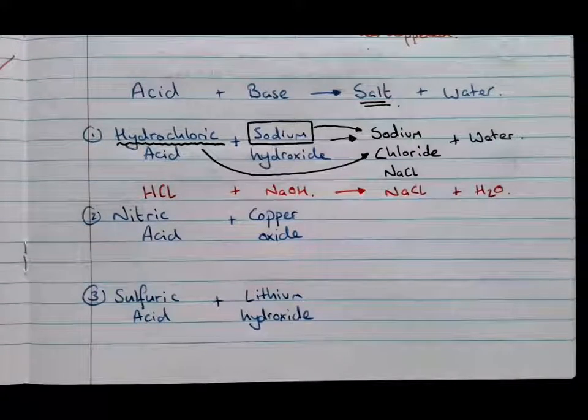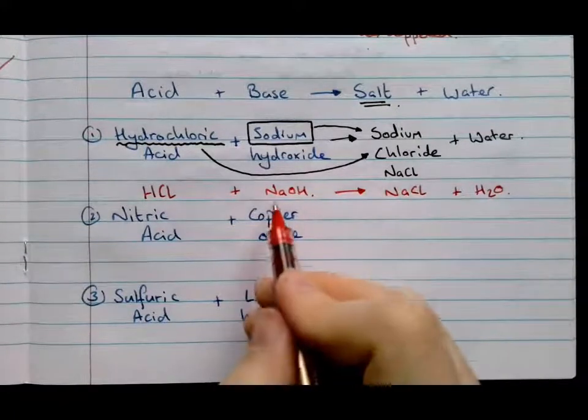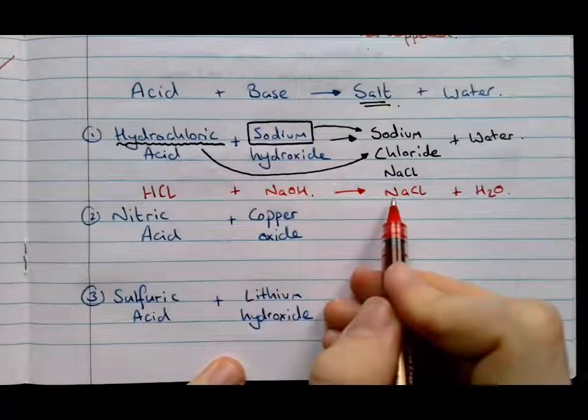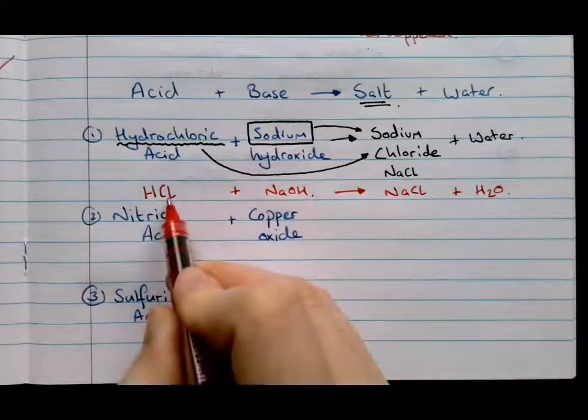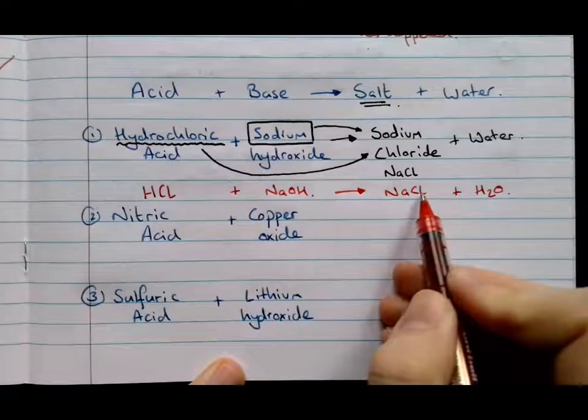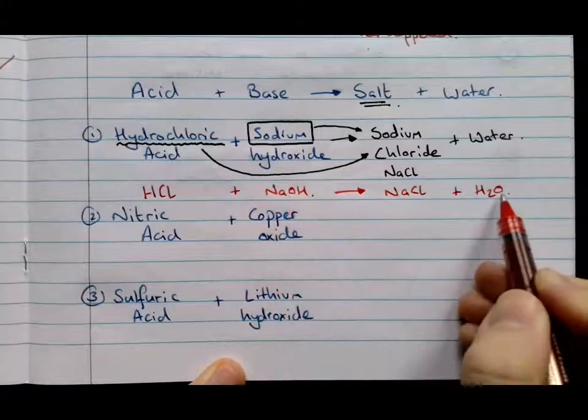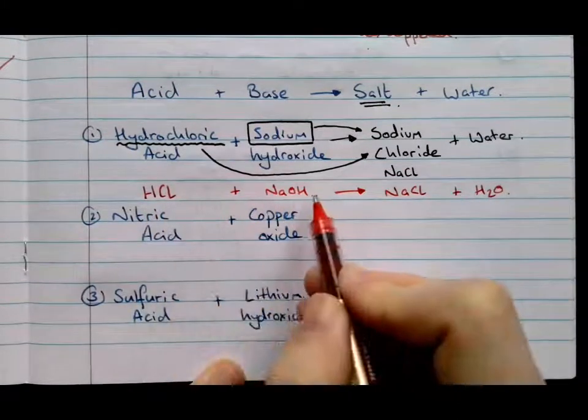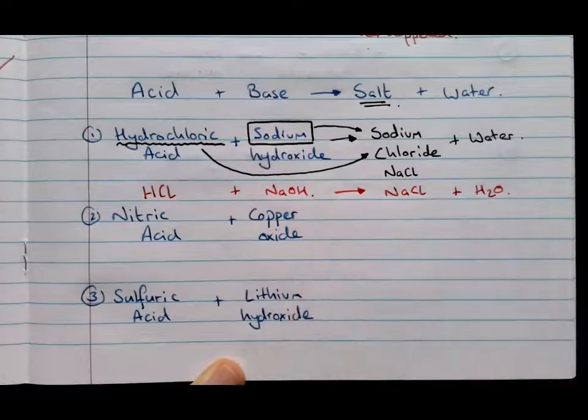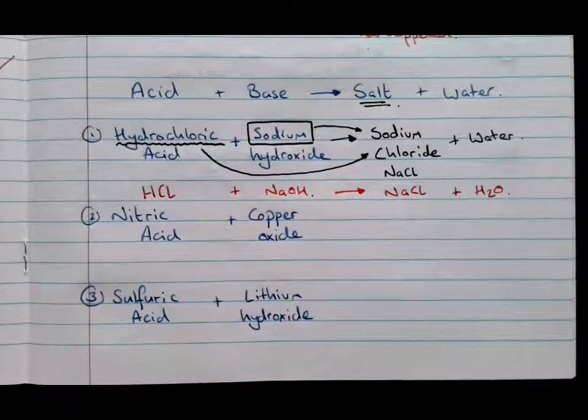Is that equation balanced? Yes or no? Yes, it is. I've got one sodium, one chlorine, one chlorine, one oxygen, and two hydrogens, and two hydrogens here. Excellent. So that's our first example.